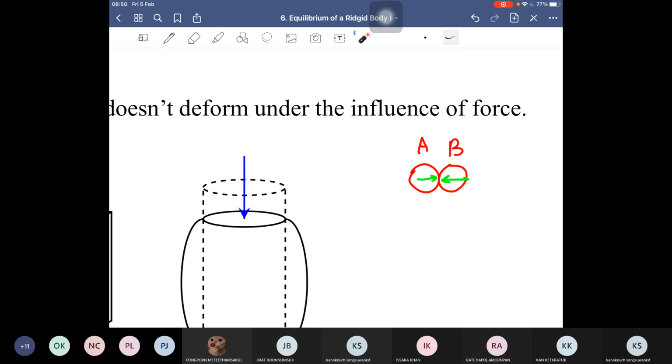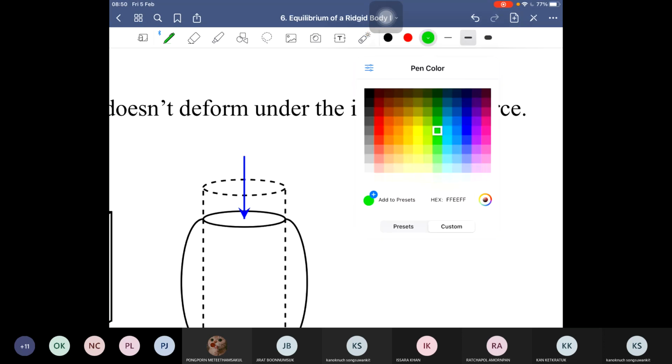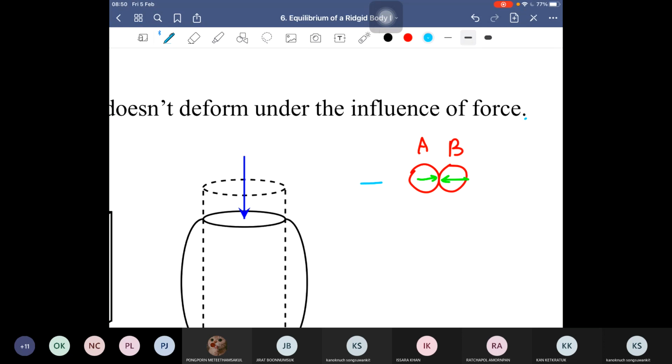And of course, they must share the same line of action. This causes the property of transmissibility. When you exert a force on the left-hand side, it will transfer to the right-hand side with the same amount and the same direction.